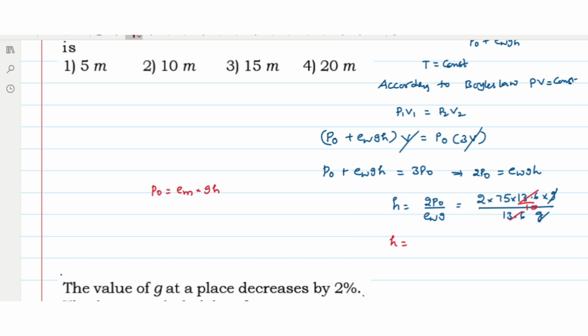Then we get 2 into 75 into 10, with 75 centimeter given as 10 power minus 2. Cancelling, we get 10 power minus 1. 2 into 75 is 150, so 150 into 10 power minus 1, and the h value is 15 meters. So this is the correct answer.